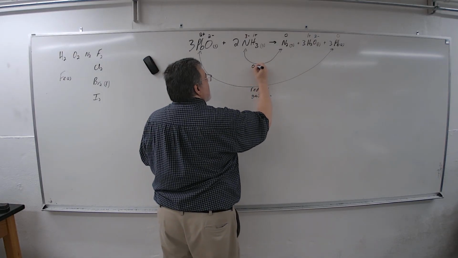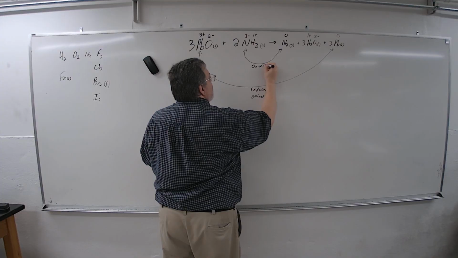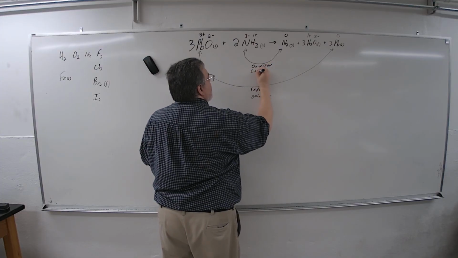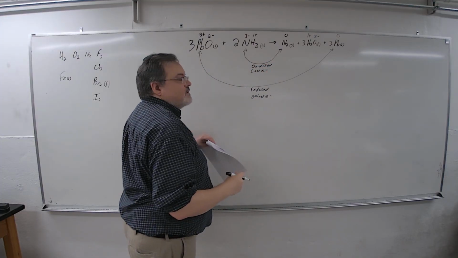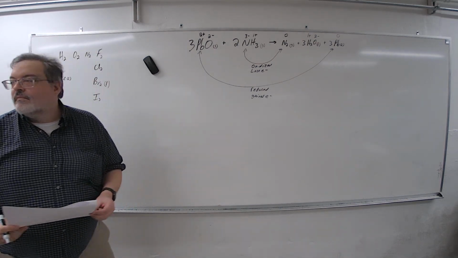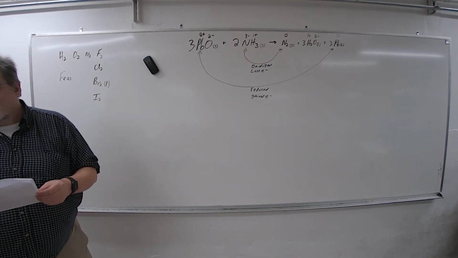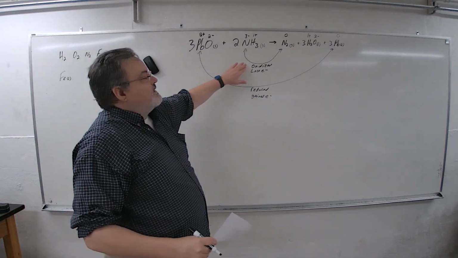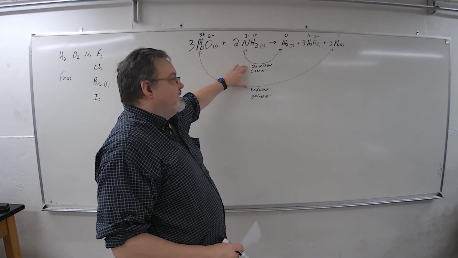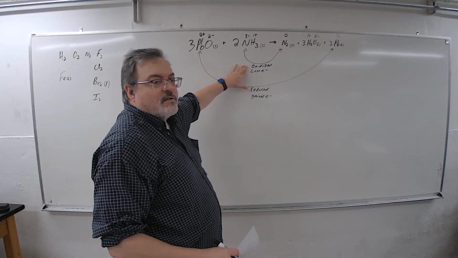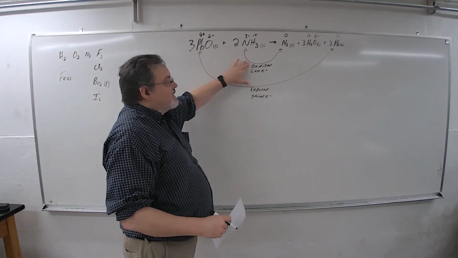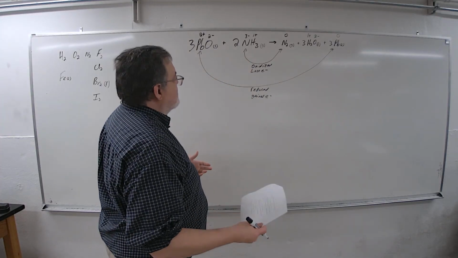So that means this one was oxidized. Lost electrons. Get the hang of this. This is the reductant. It's the reducer. It's the reducing agent. But it itself was oxidized. It underwent oxidation.